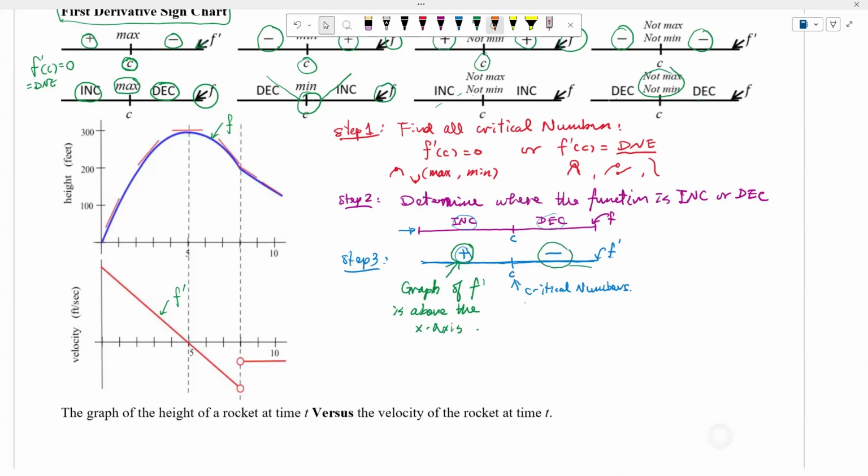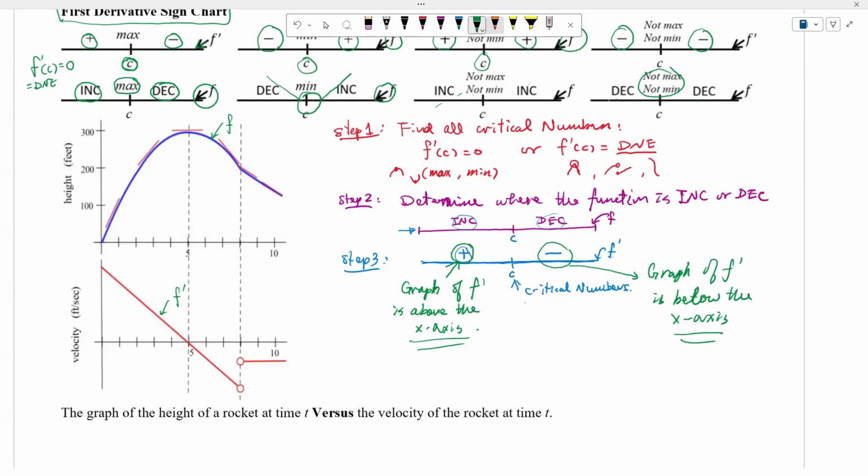Then if it's negative for f prime, the graph of f prime is below the x-axis. Let's see how we could break down the problem with this.